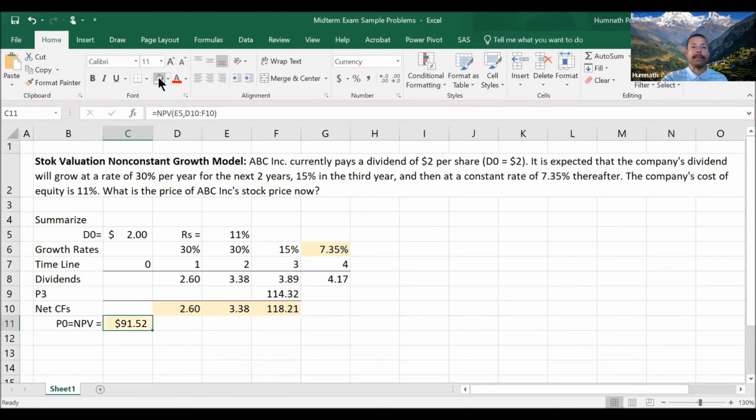In this case, the value of the stock is $91.52 using the constant growth model. This is the stock valuation non-constant growth model. I hope this video helps you understand how to calculate stock price using the non-constant growth model. Thank you.